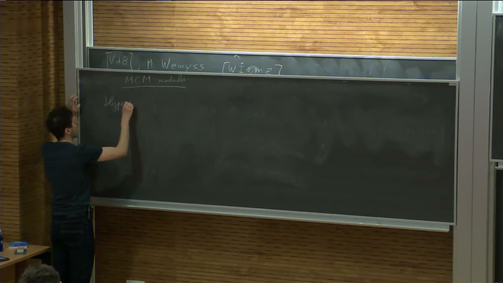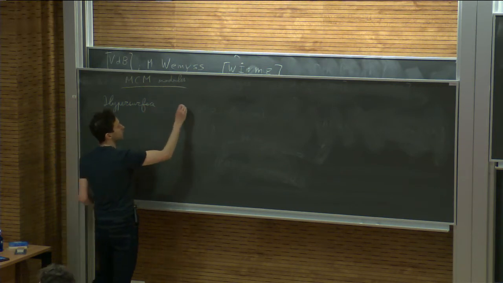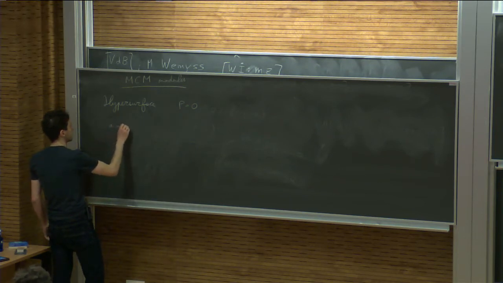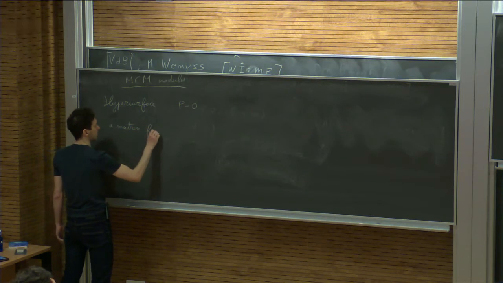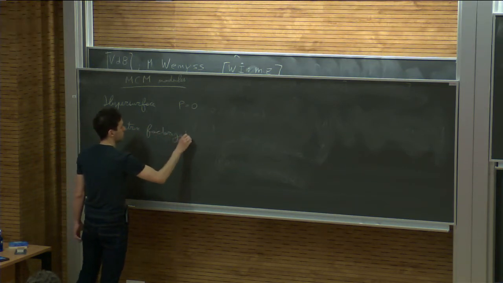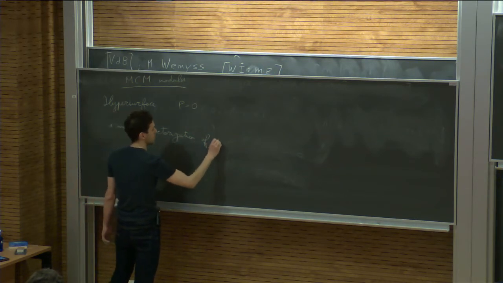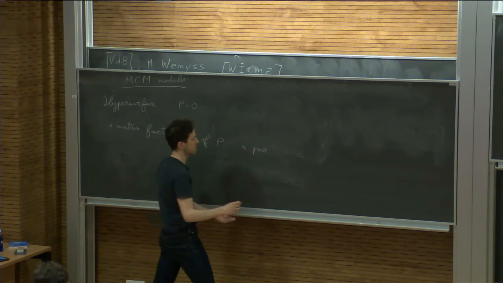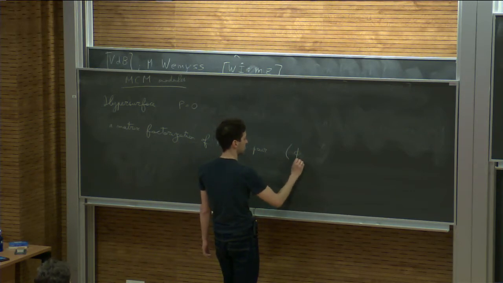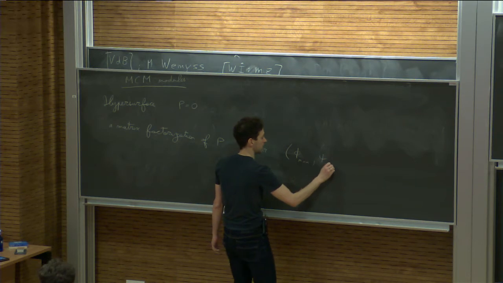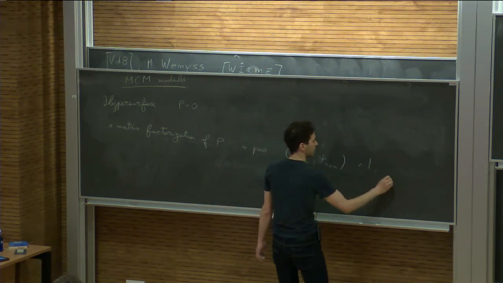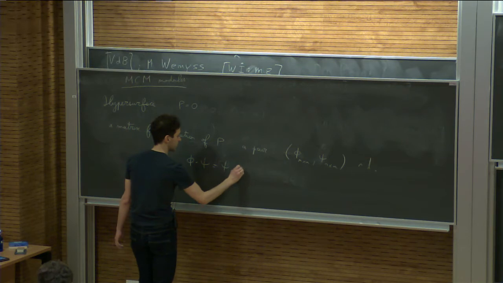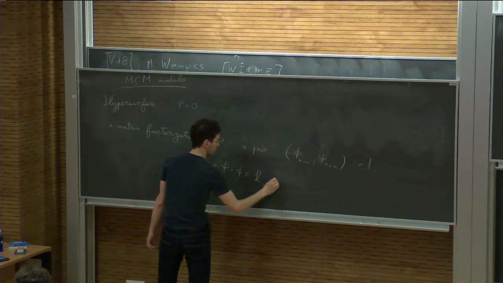If you have a hypersurface, meaning something given by P equals 0, a matrix factorization of P is a pair of square matrices of any size, n by n, such that their product in either direction is the identity times P.